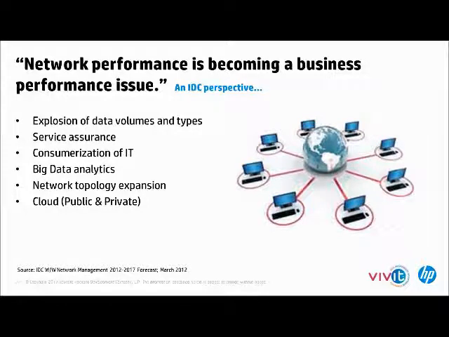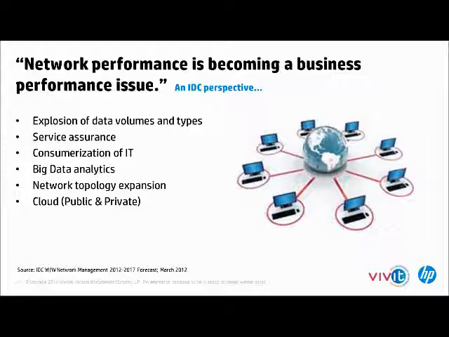So network performance is becoming a business issue. According to IDC, network performance really is a business performance issue. While the network management market is experiencing pressure from the extraordinary growth in volumes and types of traffic, the bigger issue is a shift of focus to the user experience as the key performance indicator today.